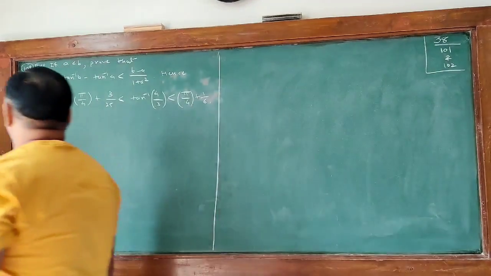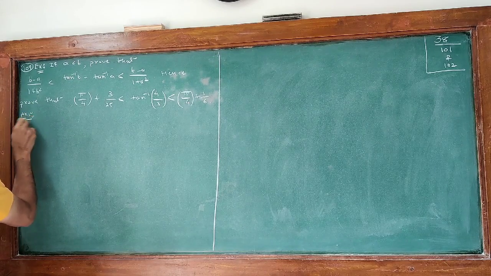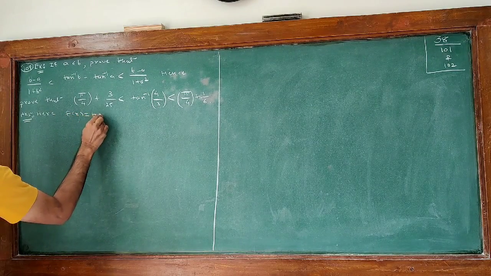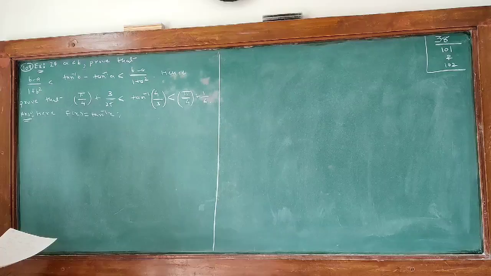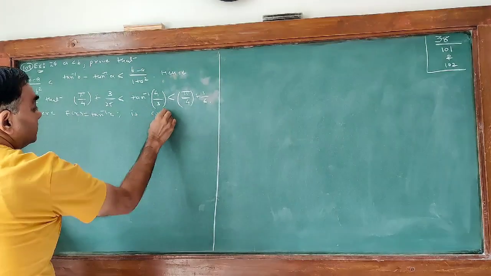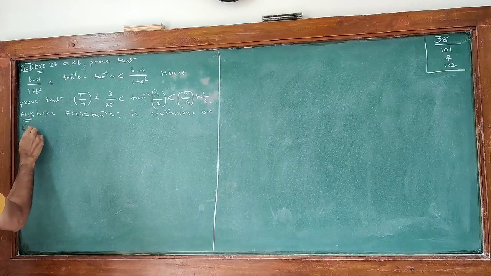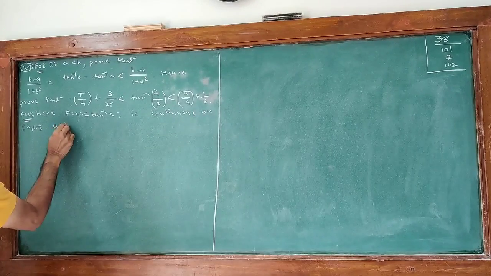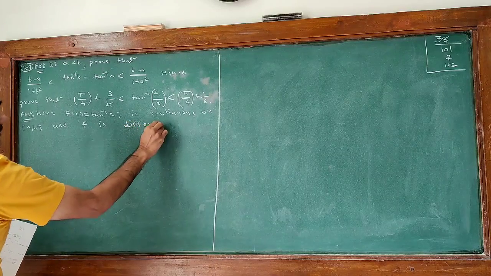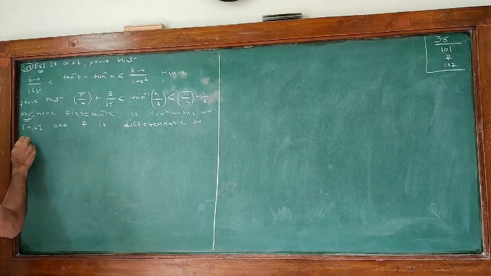So we proceed to prove it. Answer. Here f(x) equal to tan inverse x is continuous on the closed interval a to b, and f is differentiable on the open interval a to b.